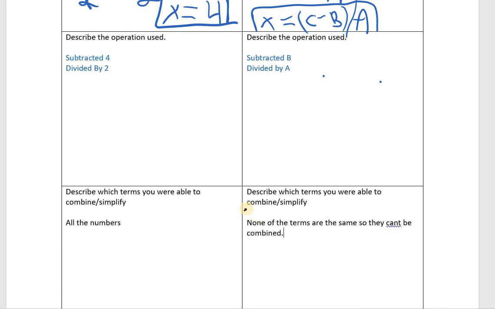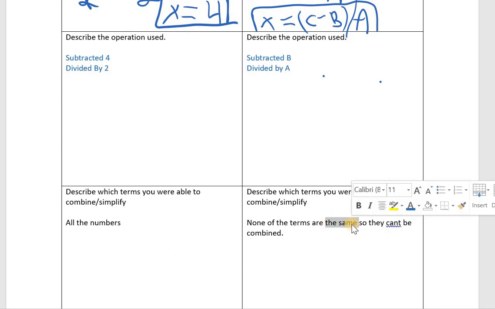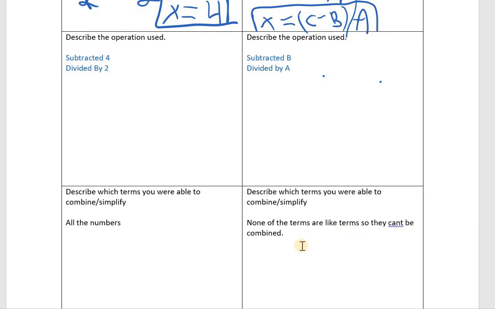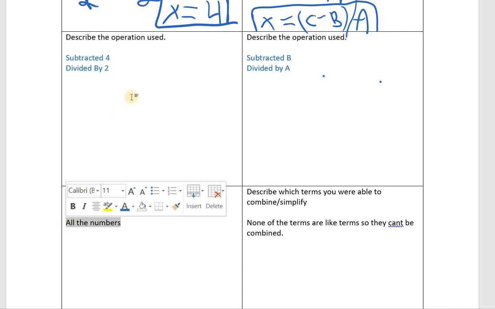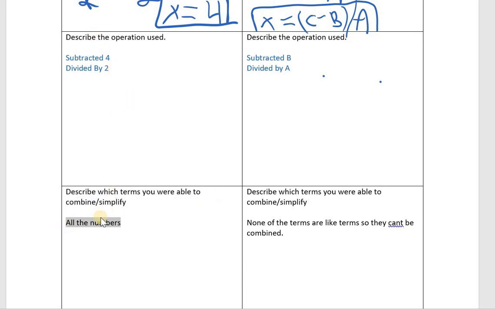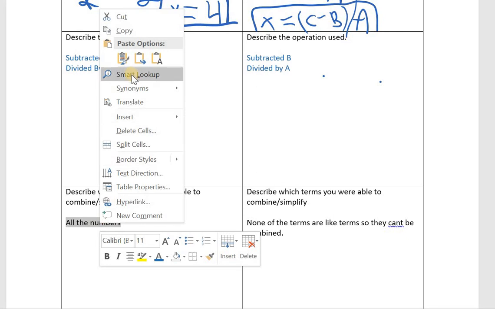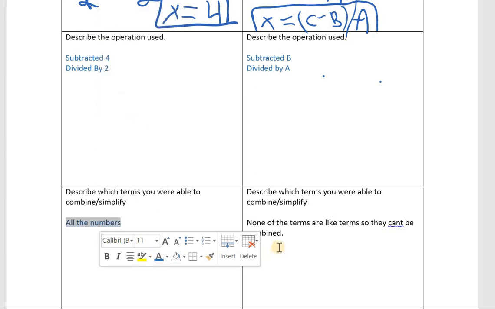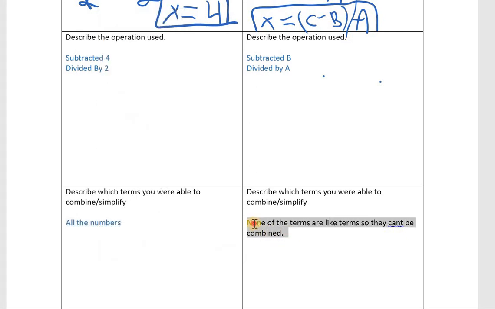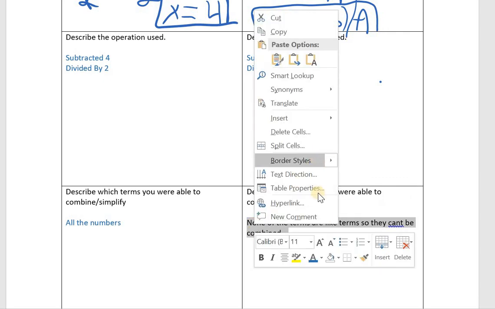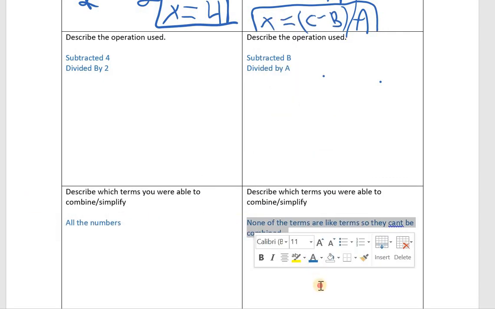None of the terms are like terms, that's the more math way of saying it. So here, we can simplify and we get one answer, 4. And here, we can't simplify or combine, because none of them are like terms, so we get an expression.